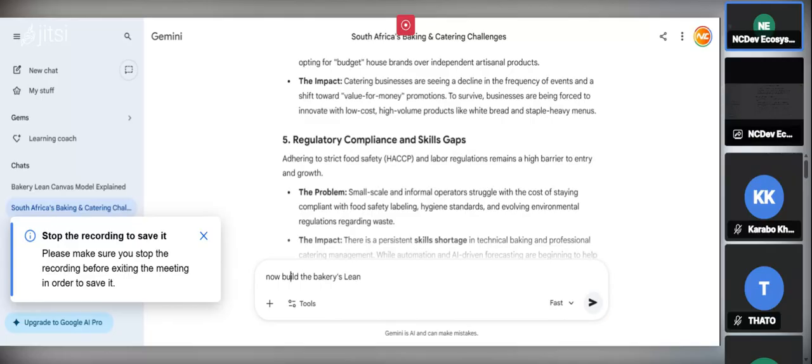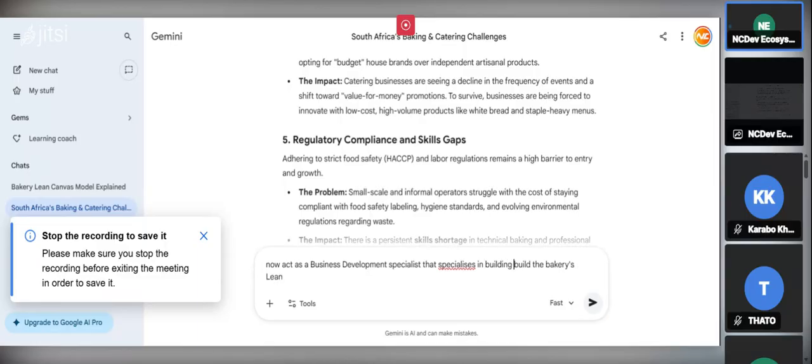Act as a business development specialist that specializes in building business canvas models for startups.